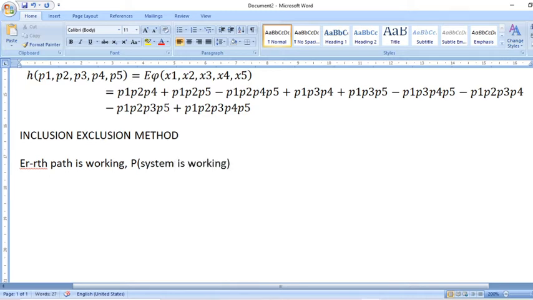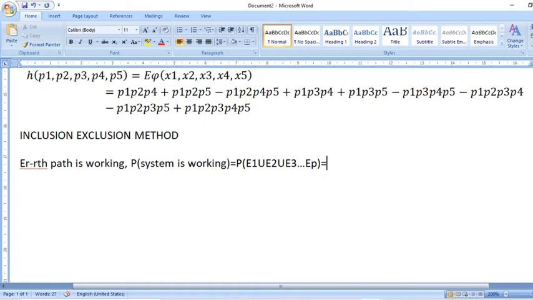That means the probability that at least one path is working, that is either E1 or E2 or E3 and so on up to EP. Instead of or, at least one means we should write union in terms of events. So the probability of E1 union E2 union E3 and so on up to EP.